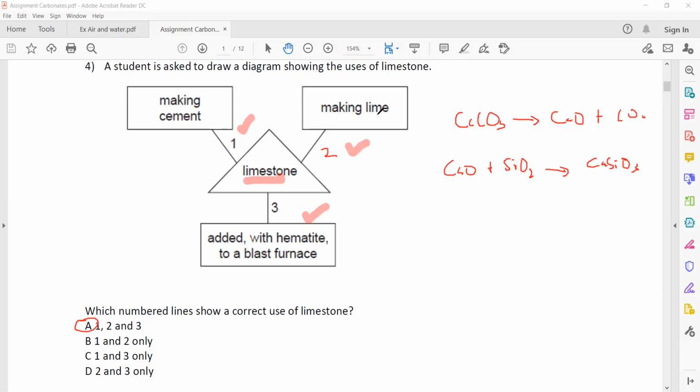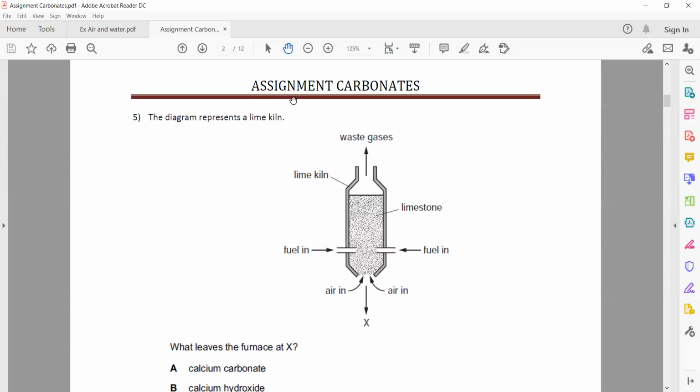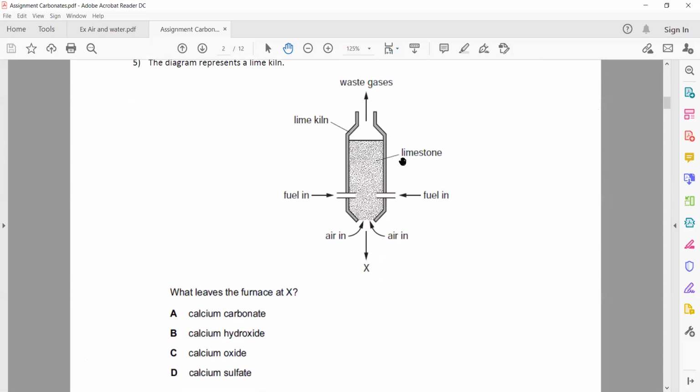The extraction of the iron in the blast furnace uses limestone or calcium carbonate. The diagram represents a lime kiln. What leaves at X, the furnace at X?